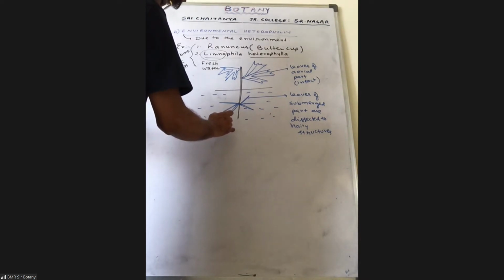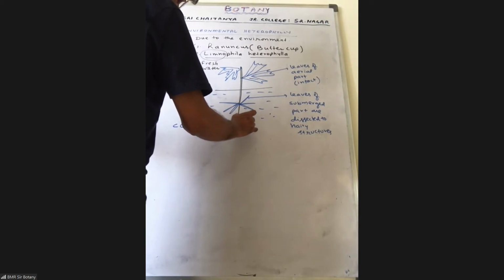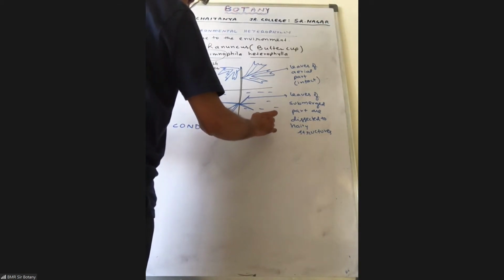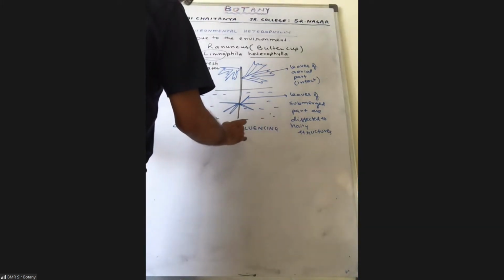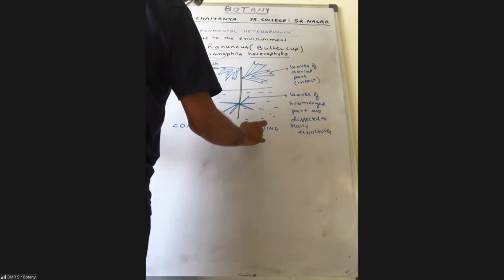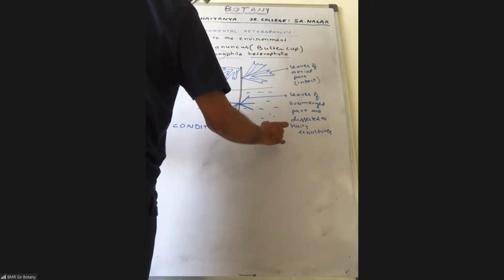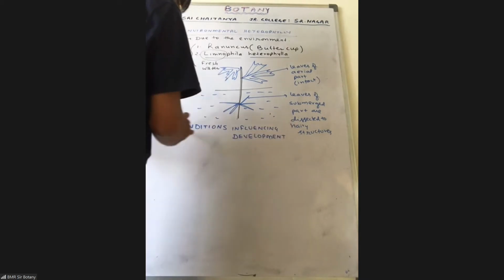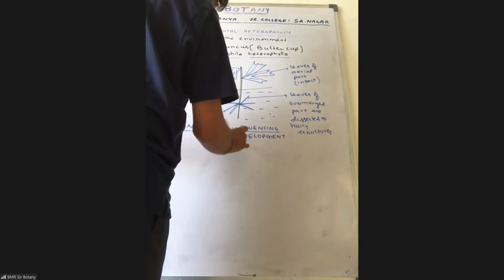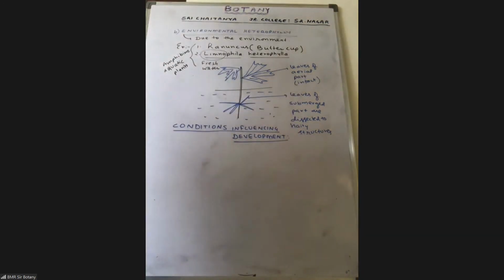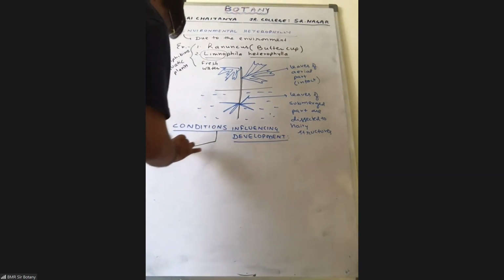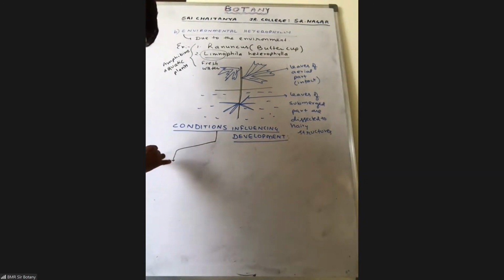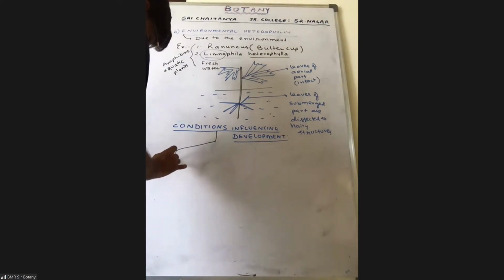Conditions influencing development are again of two types: external, which are also called extrinsic.